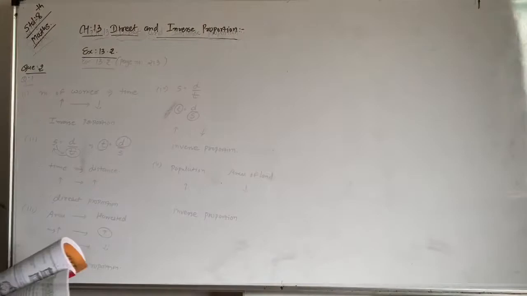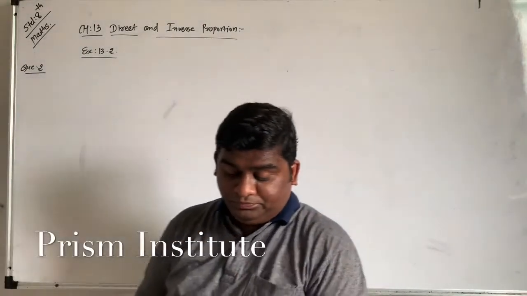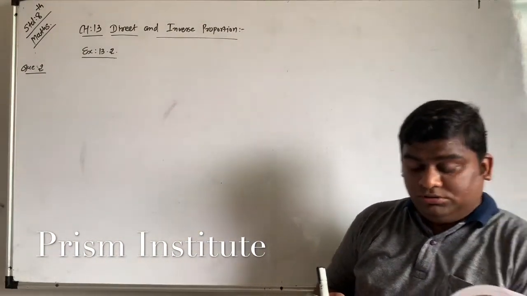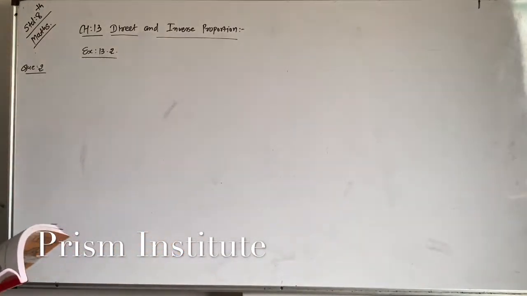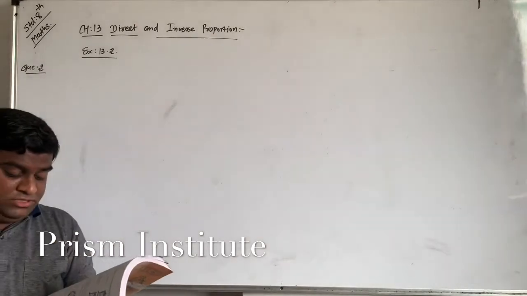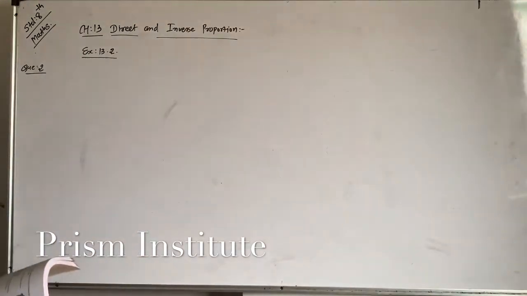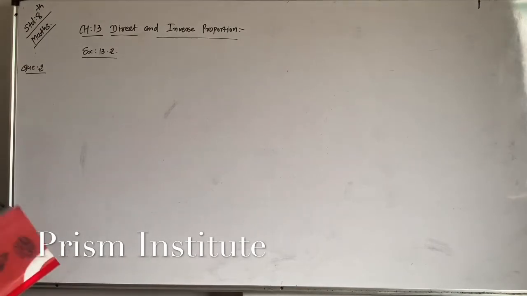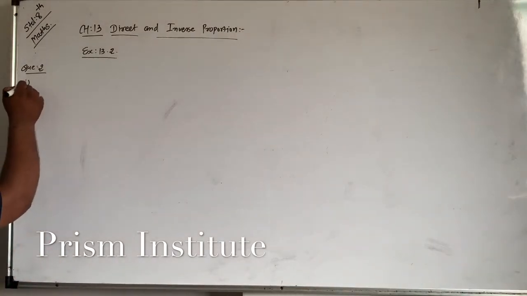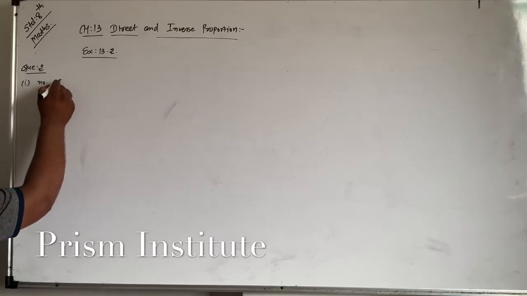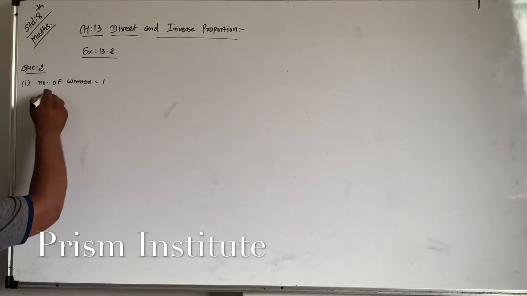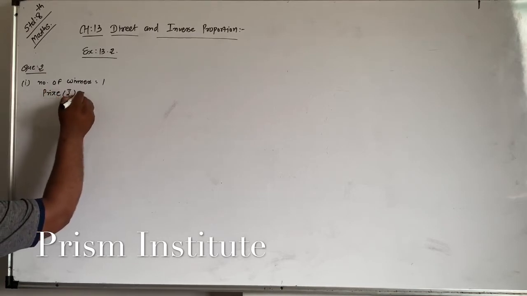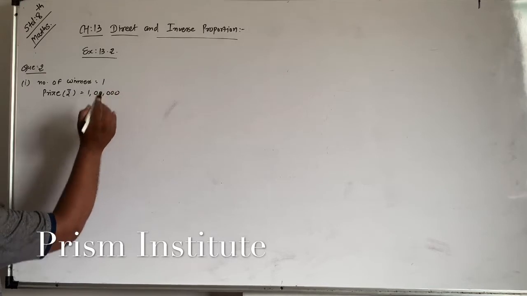Okay. Now next, question number 2. In a television game show, the prize money of 1 lakh is to be divided equally amongst the winners. Complete the following table and find whether the prize money given to an individual winner is directly or inversely proportional to the number of winners. Okay, here in the first case, number of winners equals 1, at that time prize in rupees is 1 lakh rupees.